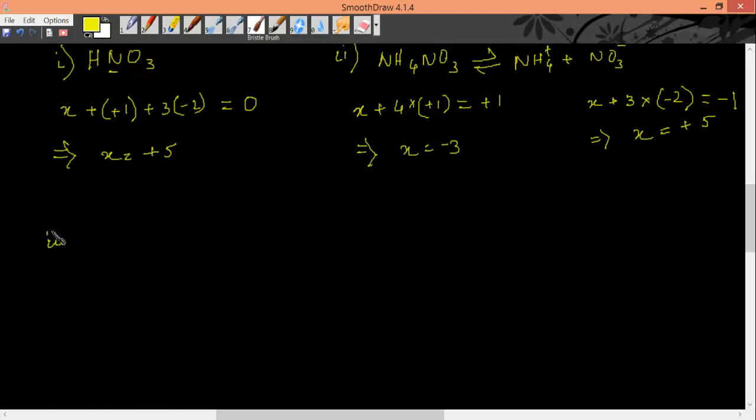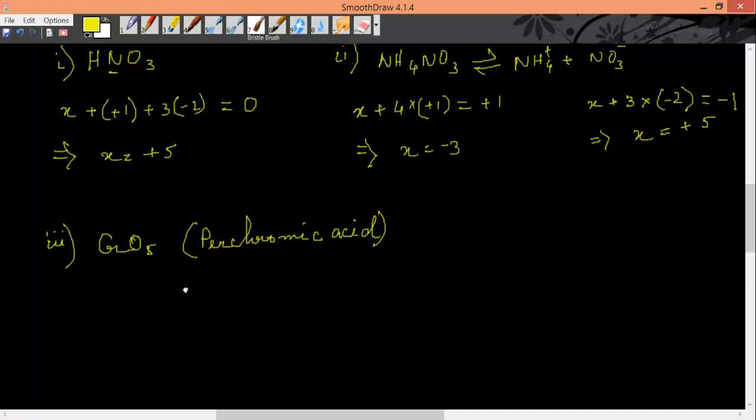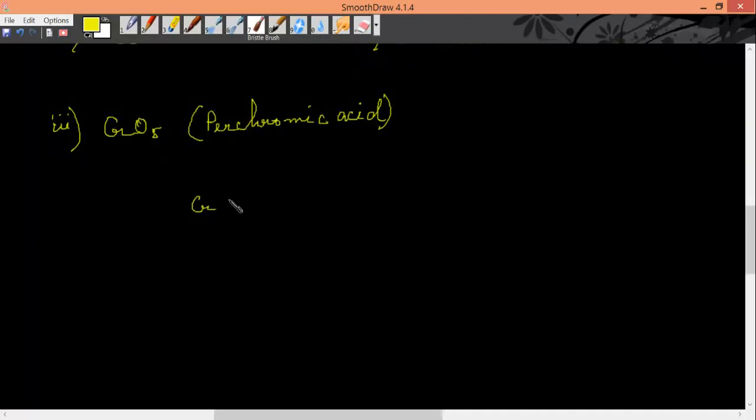Now come to a very interesting example, CrO5. This is known as perchromic acid. It has a very interesting structure. 4 oxygens remain as these and the last one is at this position.